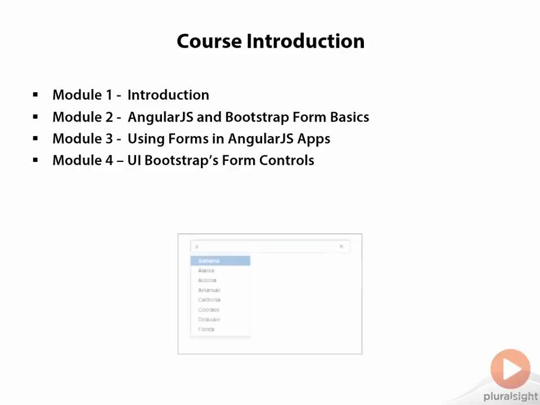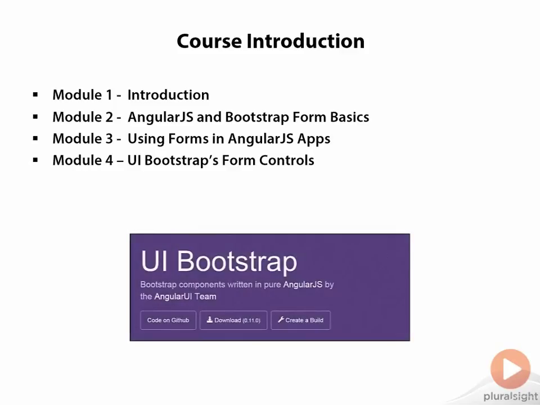There's a typeahead directive for making suggestions to users as they type, a rating directive to rate website content, and collapse and accordion directives to show and hide web controls and markup. Other controls include popovers, tooltips, alerts, buttons, carousels, dropdowns, pagination, progress bars, and tabs.